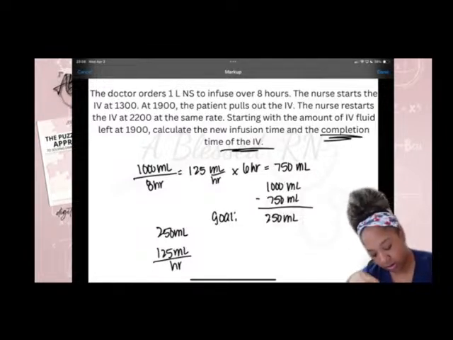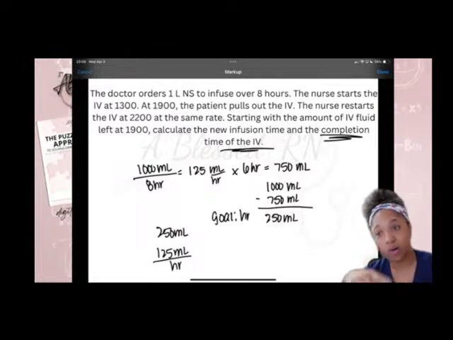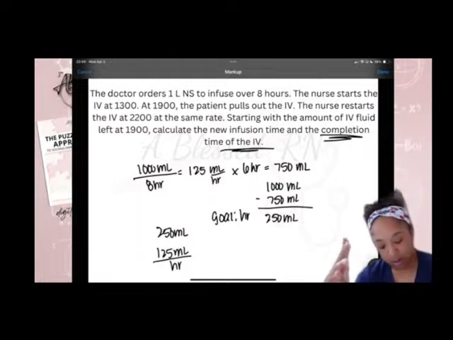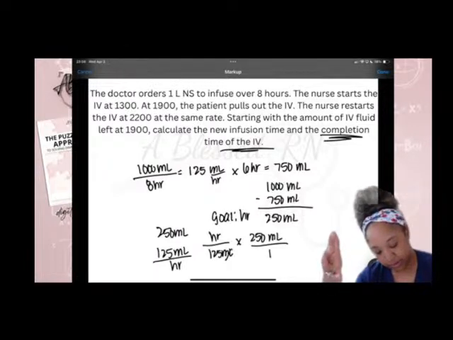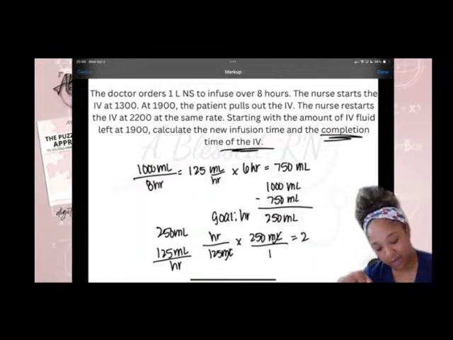So our goal is hour. We need hour on the top, 125 ml at the bottom, times your 250 milliliters. Boom, boom, boom, right? So 250 divided by 125 is 2 hours.